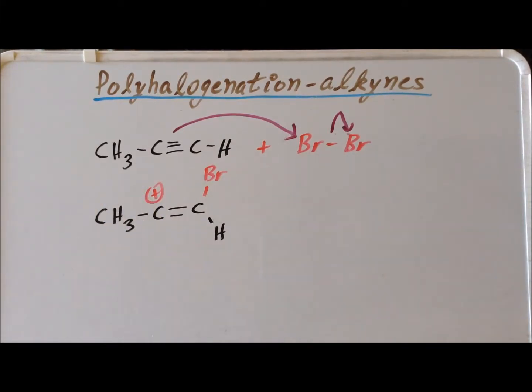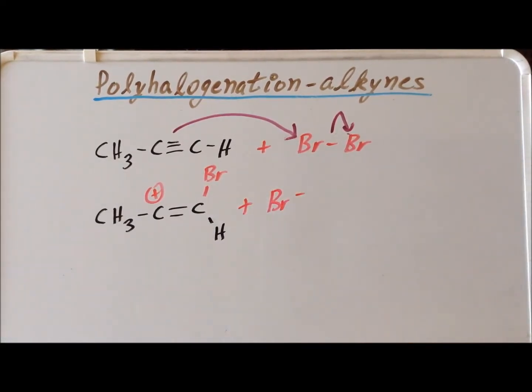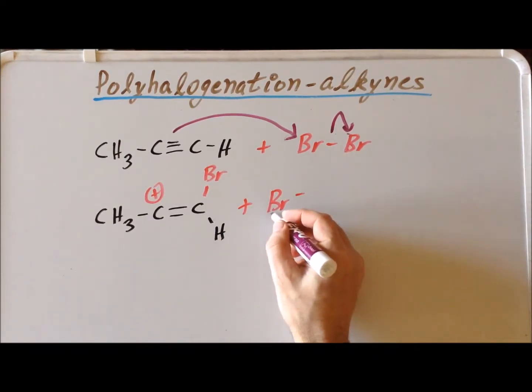So here we see application of Markovnikov's rule. So we have Markovnikov addition of the bromine plus to propyne. Then in the second step, we have anti-addition of bromide at the positively charged carbon.